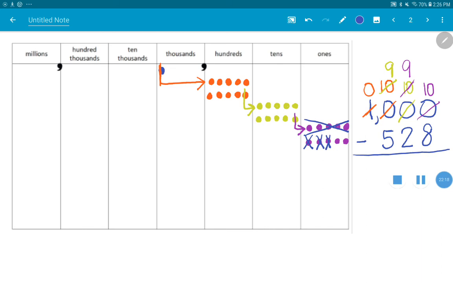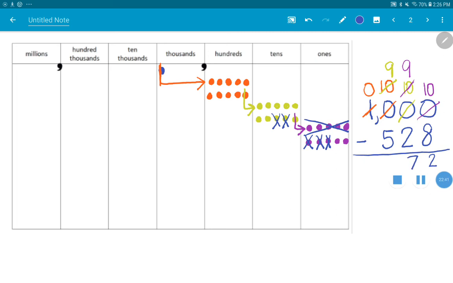How many do I have left? 2. Okay. Now I go to what place value? The tens. I have 9 tens. I need to take 2 away. So I'm crossing out 2. And that leaves me with how many? 7.